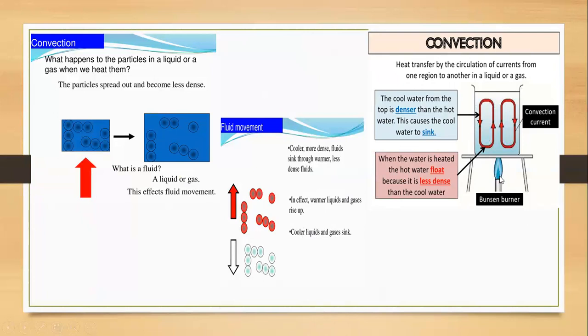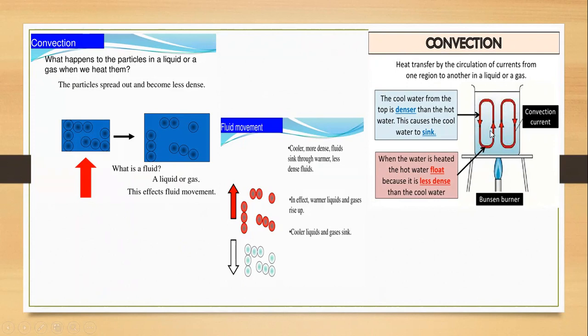There is a Bunsen burner, and the beaker is filled with water. When the heat source is provided, the liquid above the heat source becomes less dense and it rises up, while on the sides there is cooler water. So the cooler liquid is more dense, so it falls down.